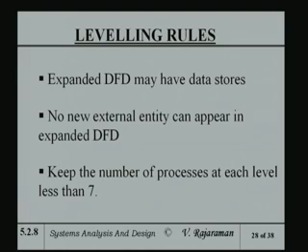The 7 is again a magic number. When you break up something into smaller parts, if you break it up into too many smaller parts, you will not be able to understand each of them and their interrelationships very logically.